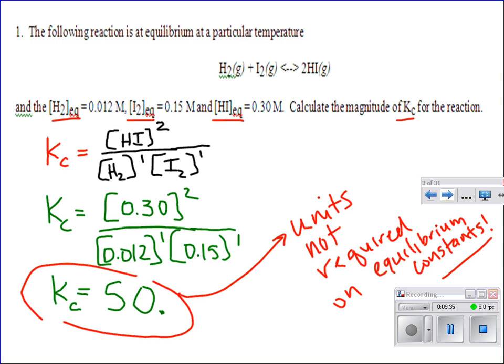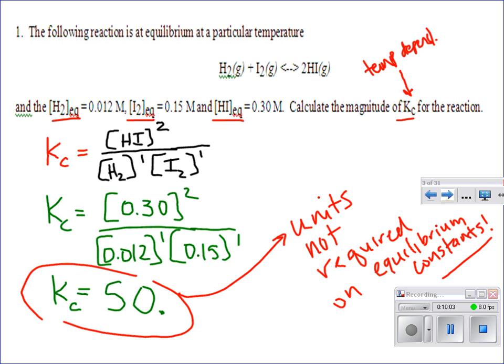We know all we need to know by the fact that Kc is 50. One other thing I want to talk about with these Ks. Ks are temperature dependent. So if we are at a different temperature, we need a different K. So just know that Ks are only good for a particular temperature. If you run a reaction at room temperature, that's what the K is good for.